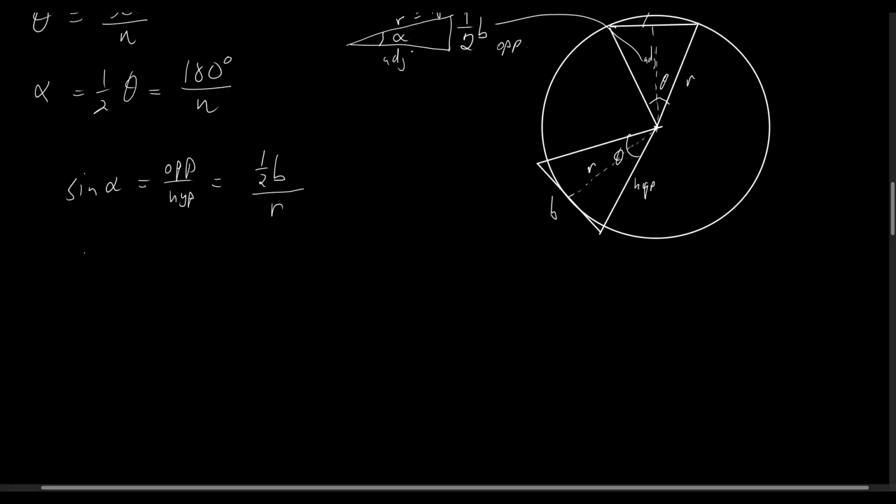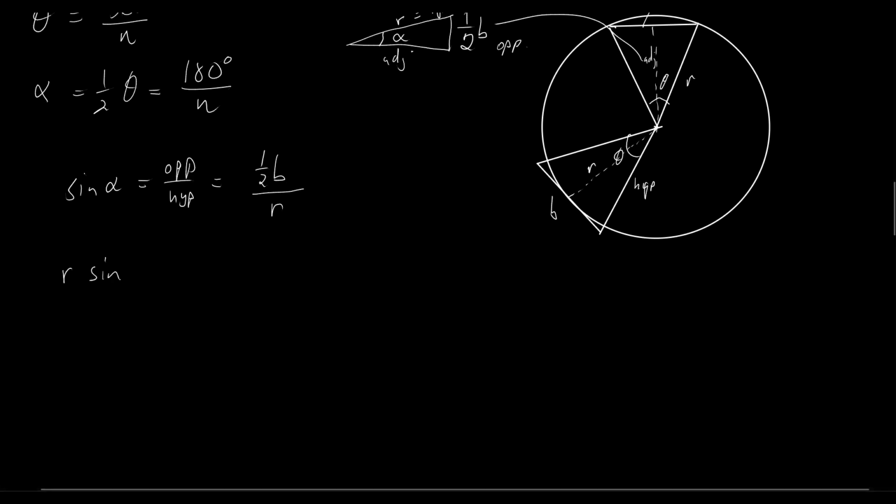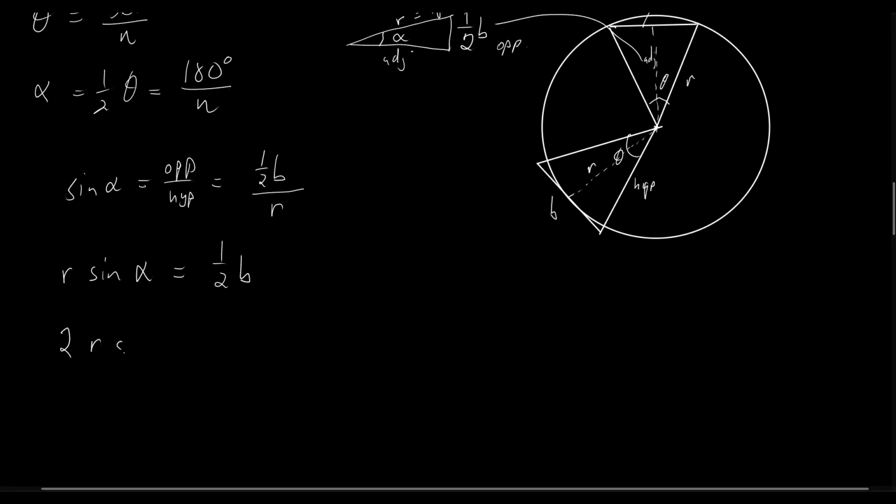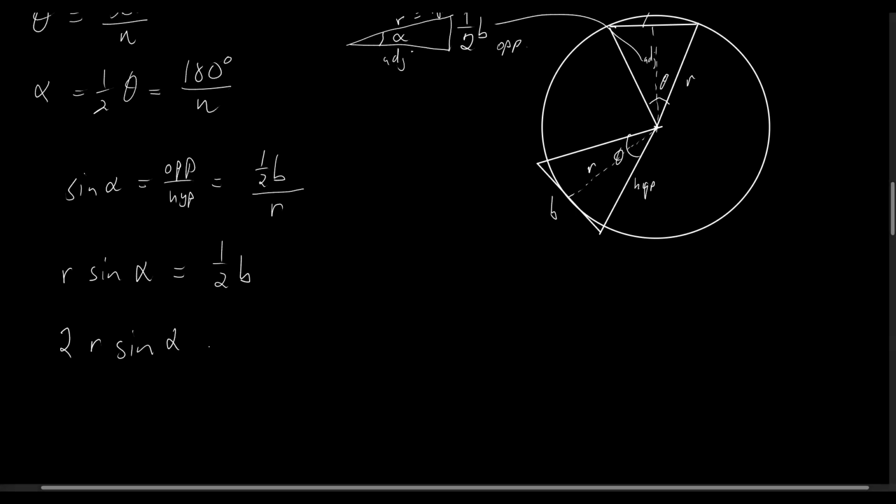So rearranging this equation, we get r sine alpha is equal to 1/2 of the base. Now of course this opposite side of the triangle is just 1/2 of the side of the polygon, so we'll just multiply this equation by 2. So you've got 2r sine alpha is equal to the base.